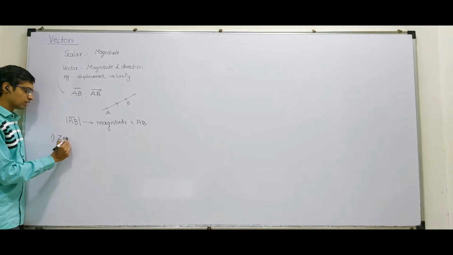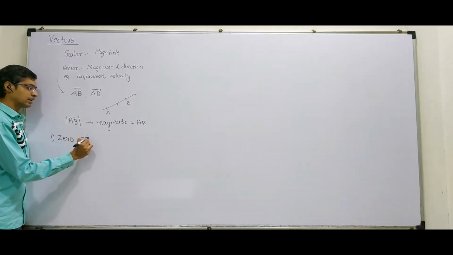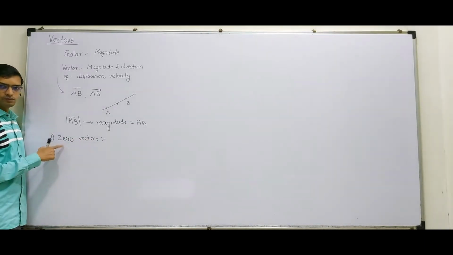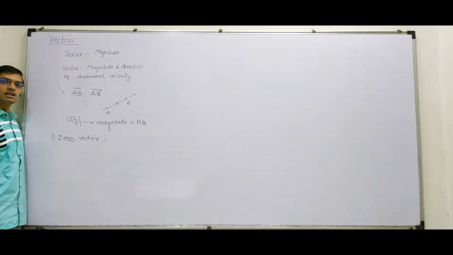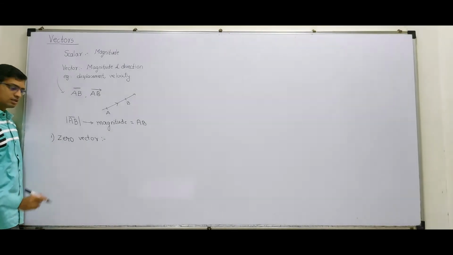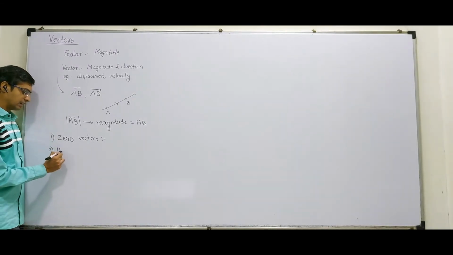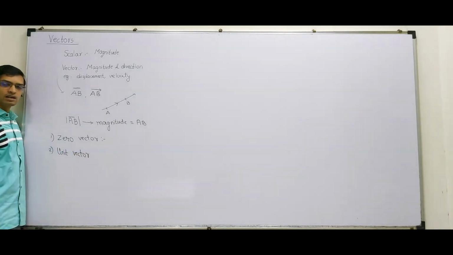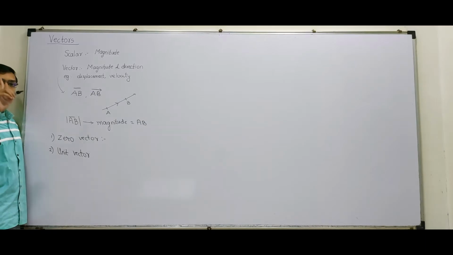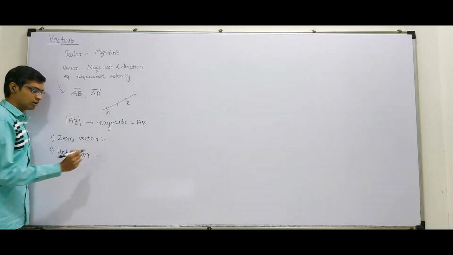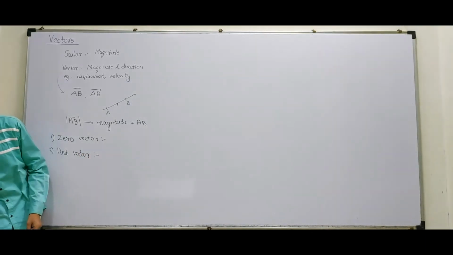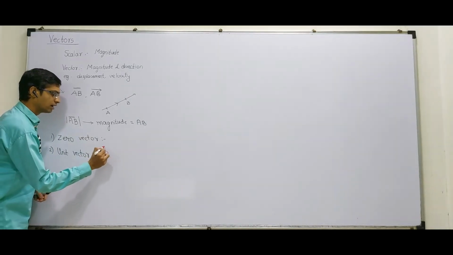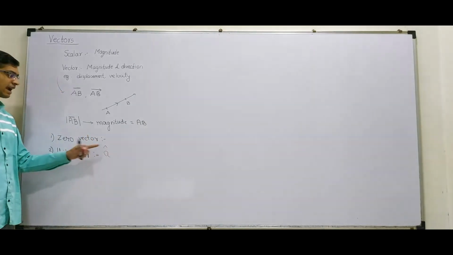So now vectors can also be classified into various types. First one is zero vector. What is the meaning of zero vector? A vector whose magnitude is zero is called a zero vector. Then unit vector: a vector whose magnitude is 1 unit is called a unit vector. That is also denoted by a cap on the vector.